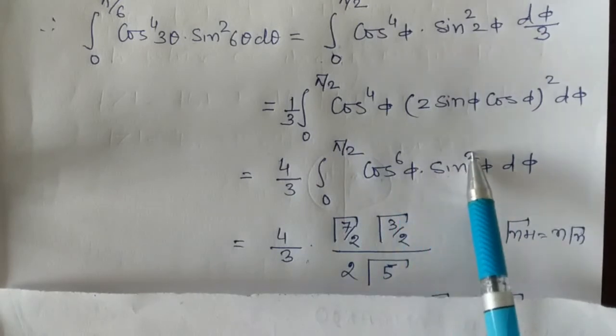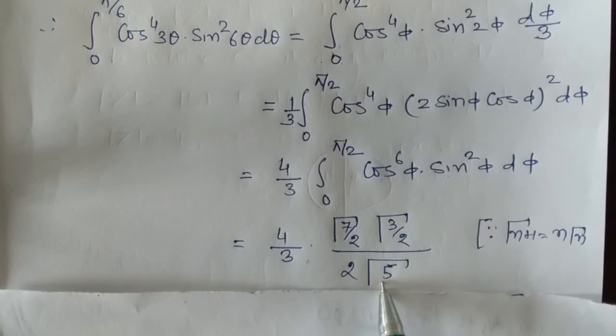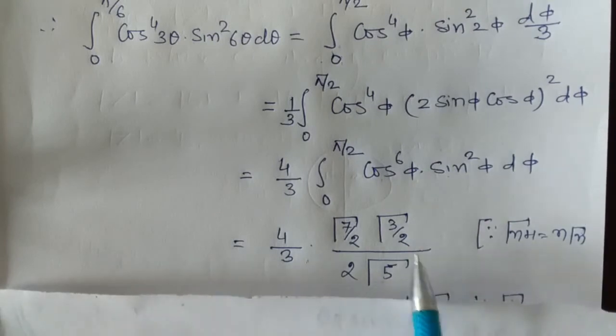So 6 plus 2 is 8, 8 plus 2 is 10 by 2 is gamma 5. So we have this result for this integral.